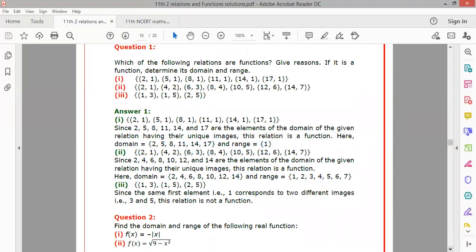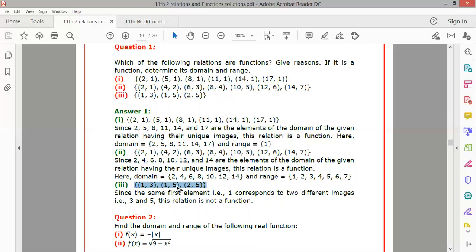Next is part number third. It's (1,3), (1,5), (2,5). What's in this relation? First of all, we will check whether every element has a unique image. See, 1 has image 3, and 1 has image 5.